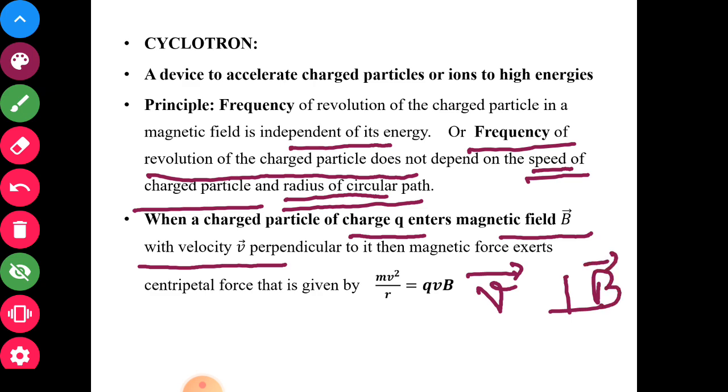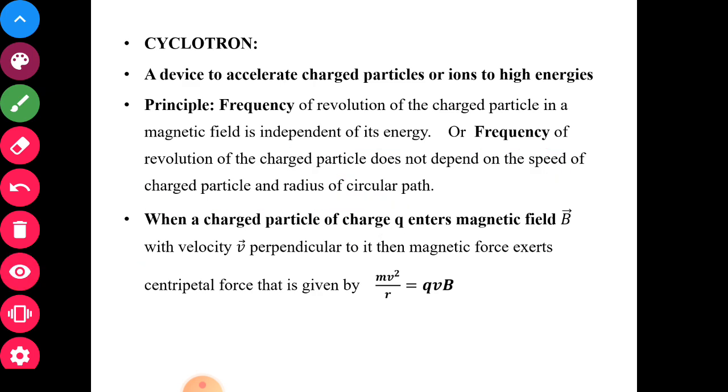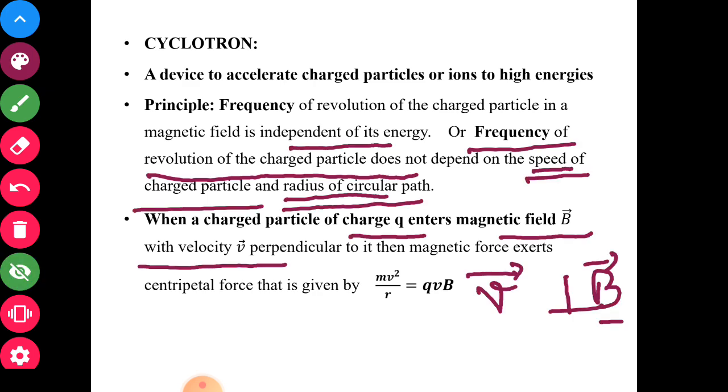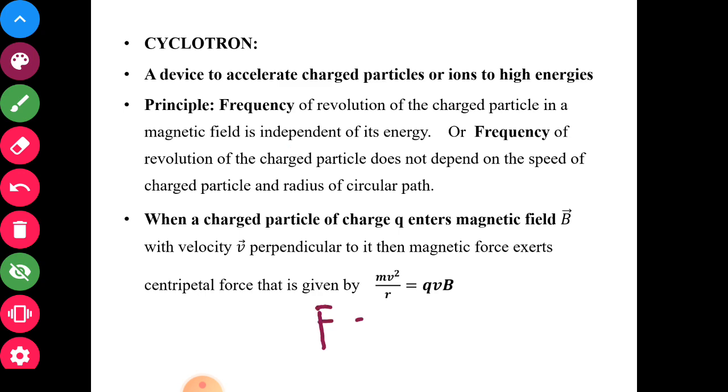So the charged particle is not entering at any angle. It is entering at an angle of 90 degrees with magnetic field B. Then magnetic force: as you know, magnetic force is given by the formula F is equal to q v cross B.